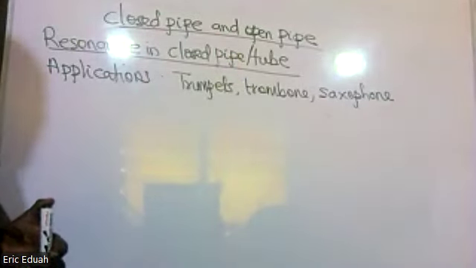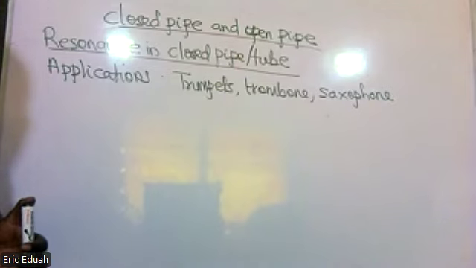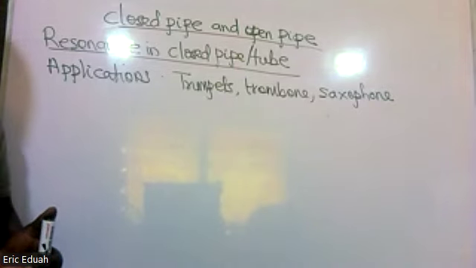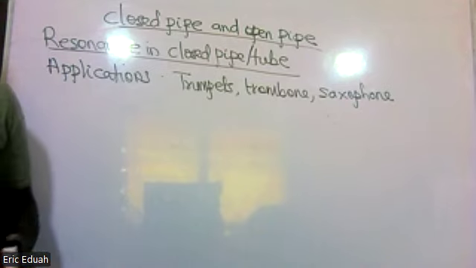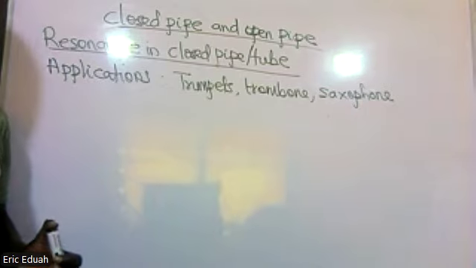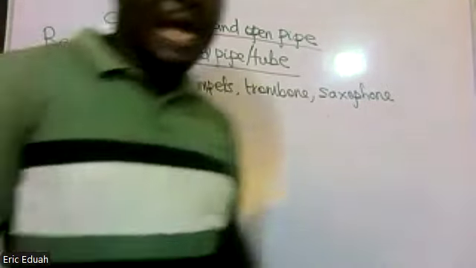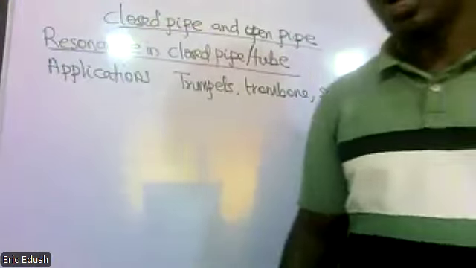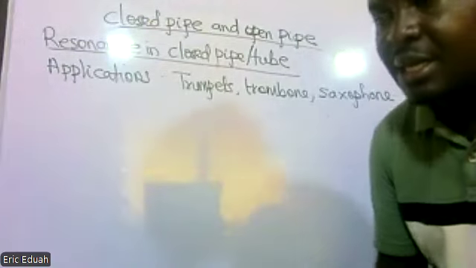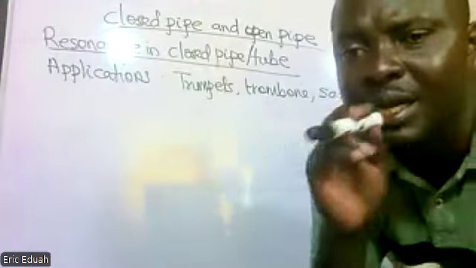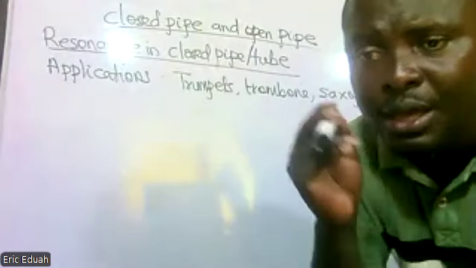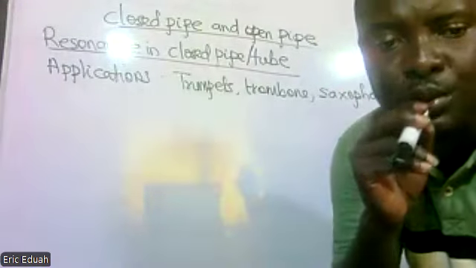Closed pipes. Trumpets, trombone, saxophone. Do you have any more examples? Anyway, I've given you 3. Look for them. This applies to all musical instruments that are played by having one end closed with the mouth and then having the other end open.